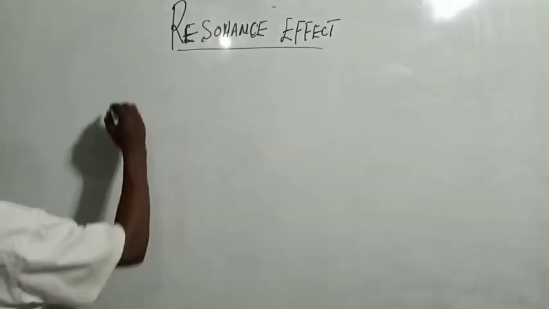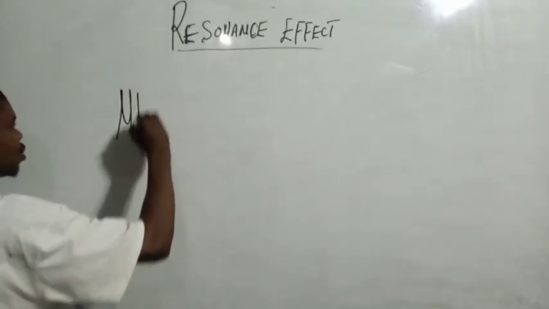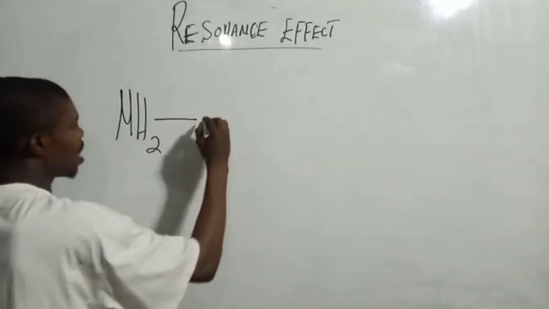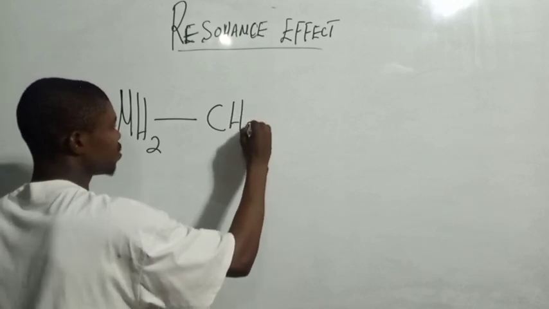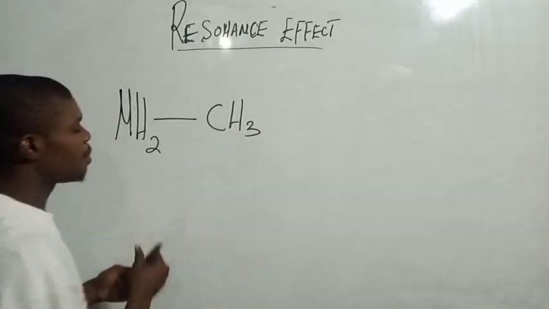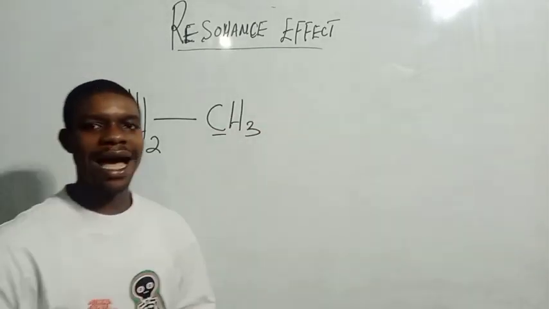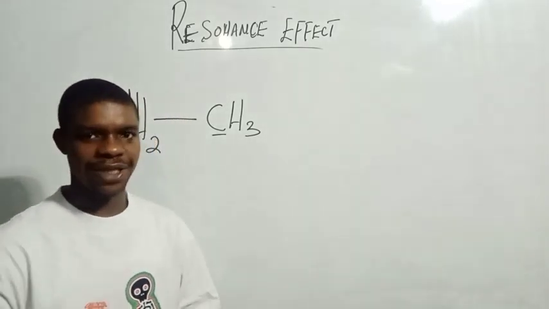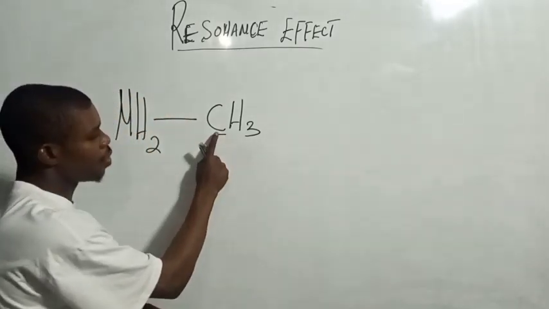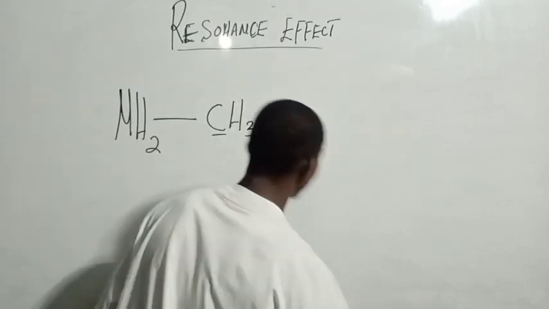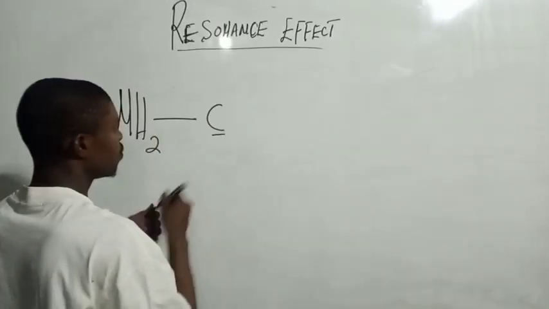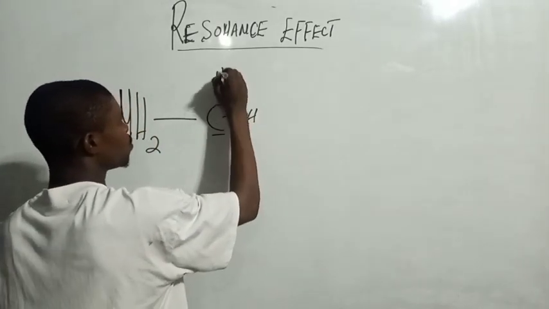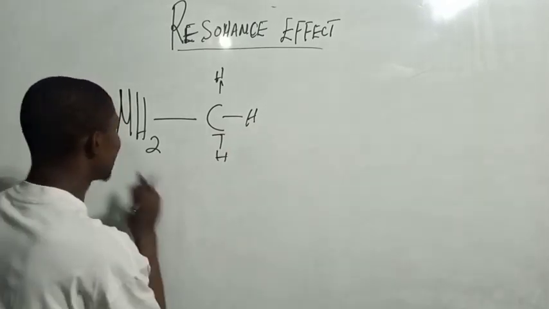If for example here we have NH2, there we have CH3. Remember, the highest number of bonds carbon can possess is 4, right? Because carbon is already having 4 bonds here, if you check it very well, here we have 1, 2, 3. Do you get that?